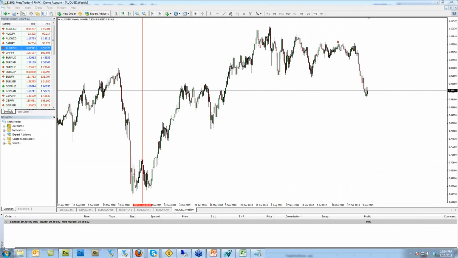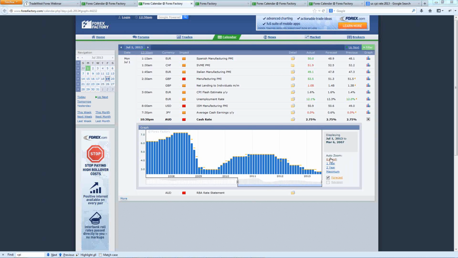So let's get another example. Let me just go back to the page here. Okay, so here is the page again where we can go back and look at the interest rates differential for different pairs.